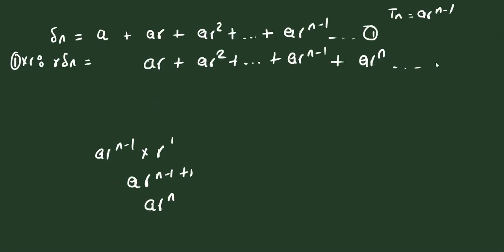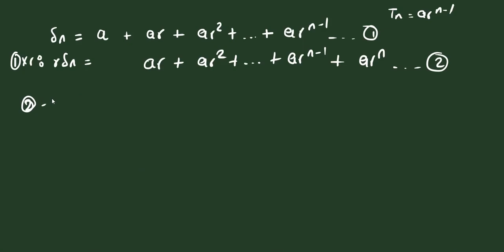Then this is equation 2. After that, you say equation 2 minus equation 1. So when you say 2 minus 1, you will have rSn minus Sn. Then here you have 0 minus a, which is negative a.